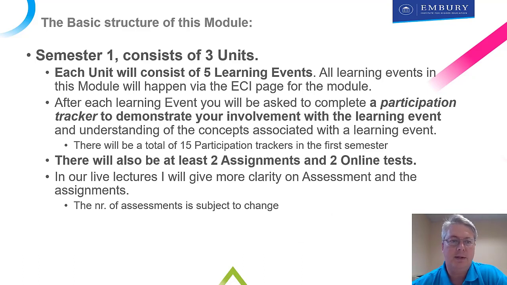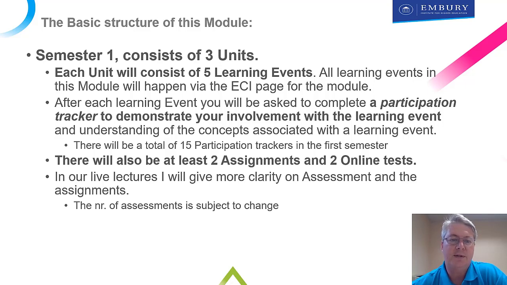Right, so let's take a look at the basic structure of this module. In semester 1, we've already said it consists of 3 units. What is important to understand is that each unit will consist of 5 learning events, right? So 15, actually 16 in total at the end, but 5 learning events per unit.